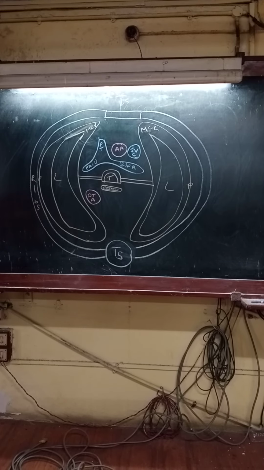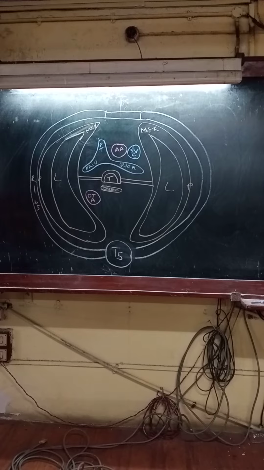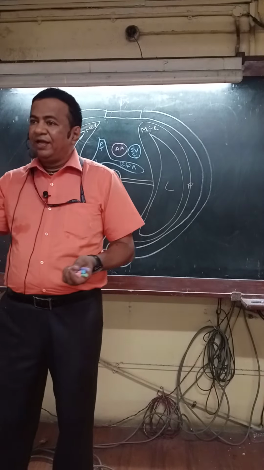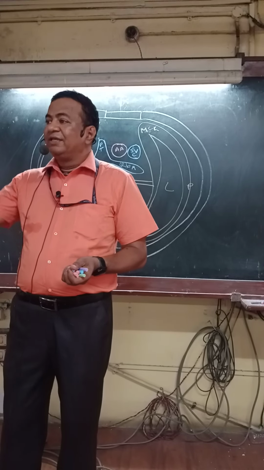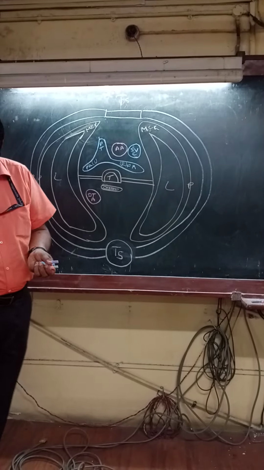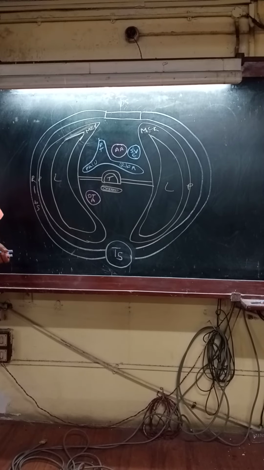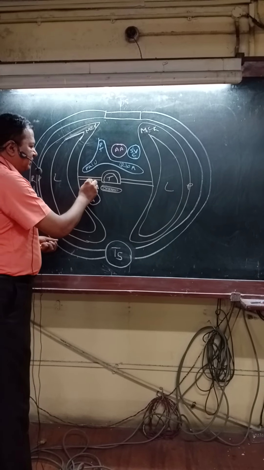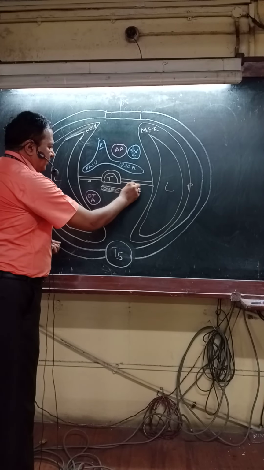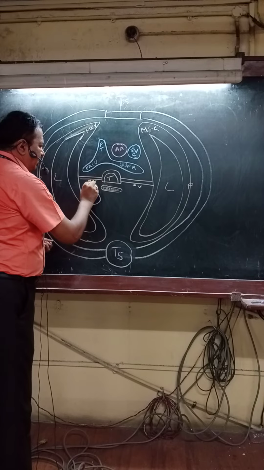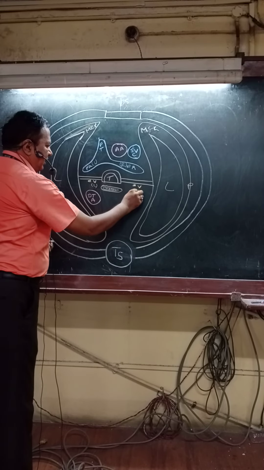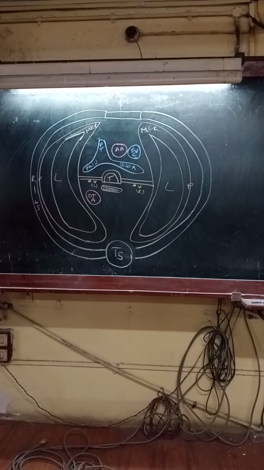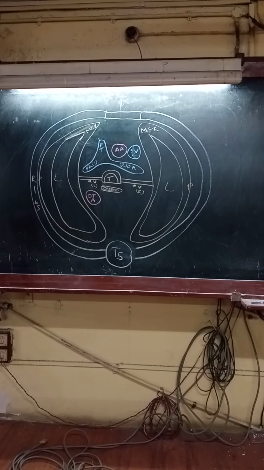Now drawing the nerves. The most important are two nerves, phrenic and vagus. At T4 level we also see cardiac nerves. Currently we are only talking about the phrenic and vagus. So vagus is here. Left vagus and right vagus.